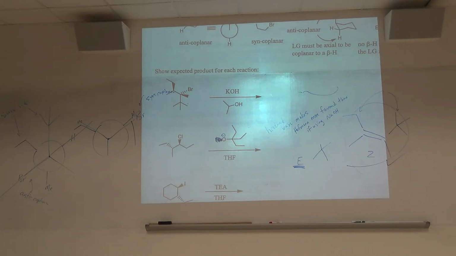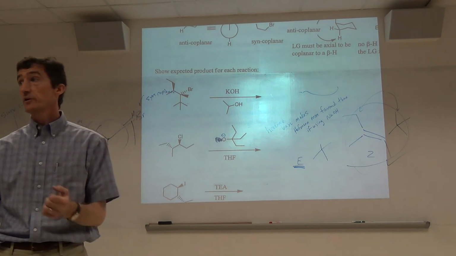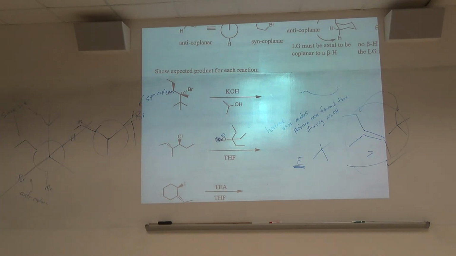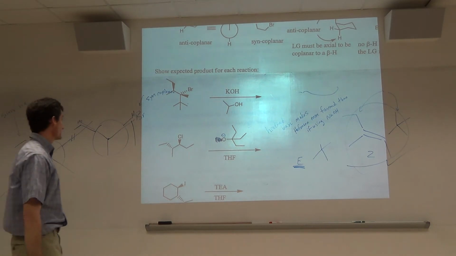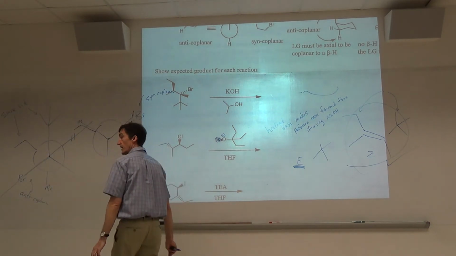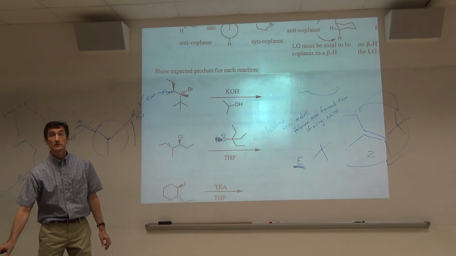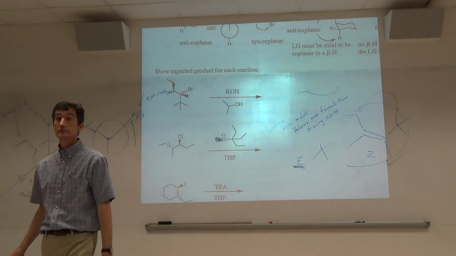And if they have stereoisomers, show which is the major stereoisomer. You should be able to do that. Show major stereoisomer for each. The Hoffman should be the easiest because with Hoffman you don't really have any stereochemistry issues to consider.